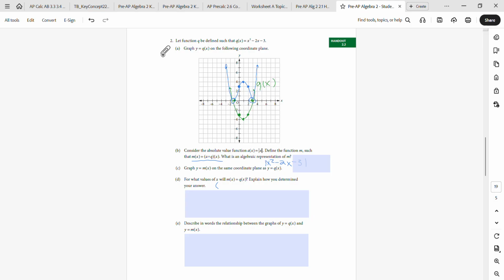It is for all those values from negative infinity to negative 1, and then from 3 to infinity, because I'm going from negative 1 to the left, and from 3 to the right. If you had chosen to write this as an inequality, it would have looked like this.